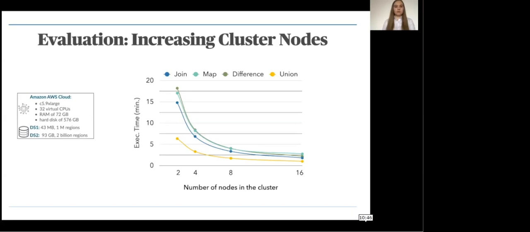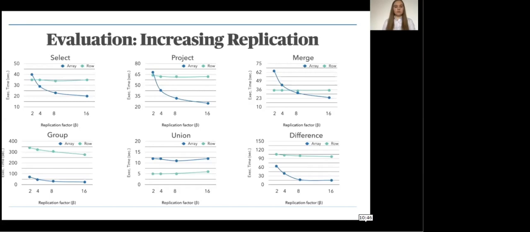No, the replication factor in this case is the difference between the keys of two models. So if the row-based model has 1 million keys, and the array-based has 500,000 keys, then the replication factor is equal to 2. And so the greater the replication, the better the performance.